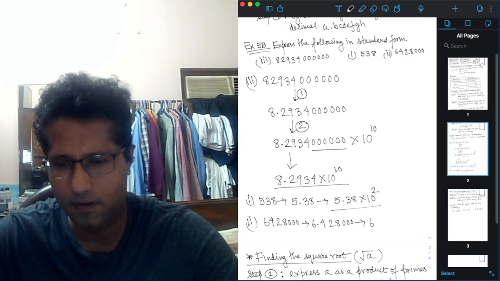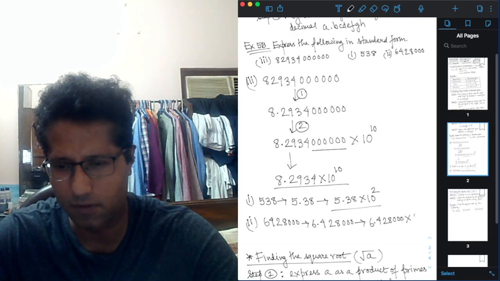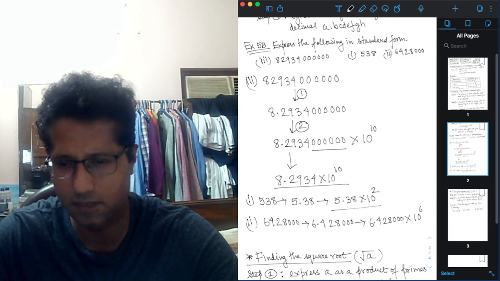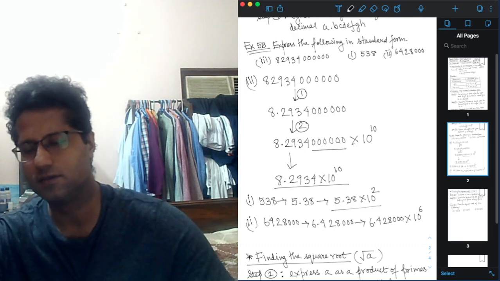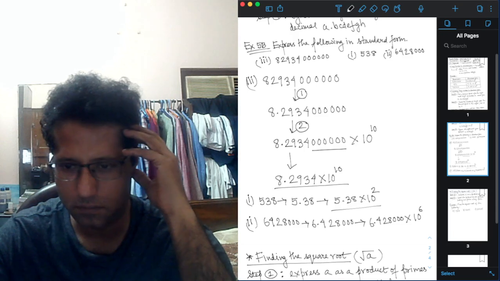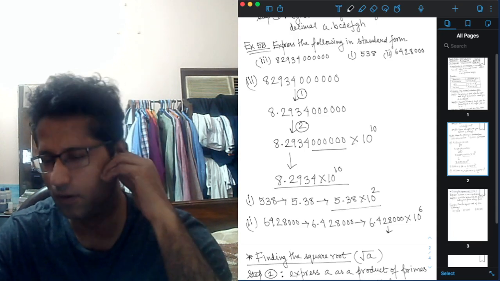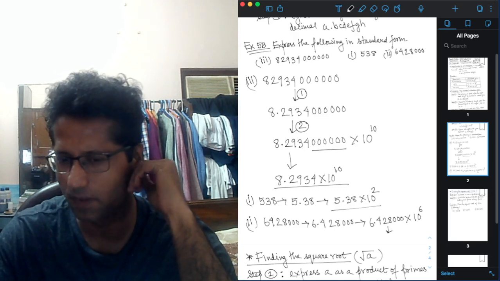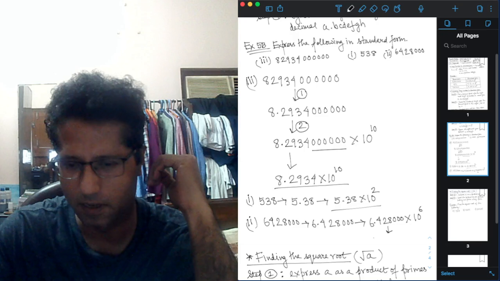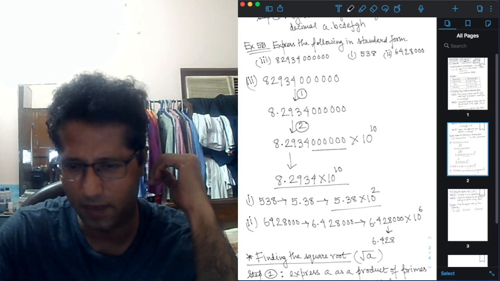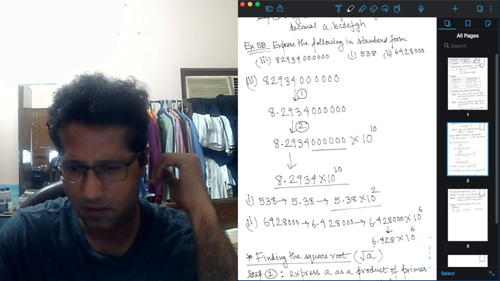So I will multiply with 10 to the power 6, because there are 6 digits to the right hand side of the decimal point. Now I will ignore all the rightmost zeros in the decimal part of the decimal number, and this becomes 6.428 into 10 to the power 6. So this is the answer.